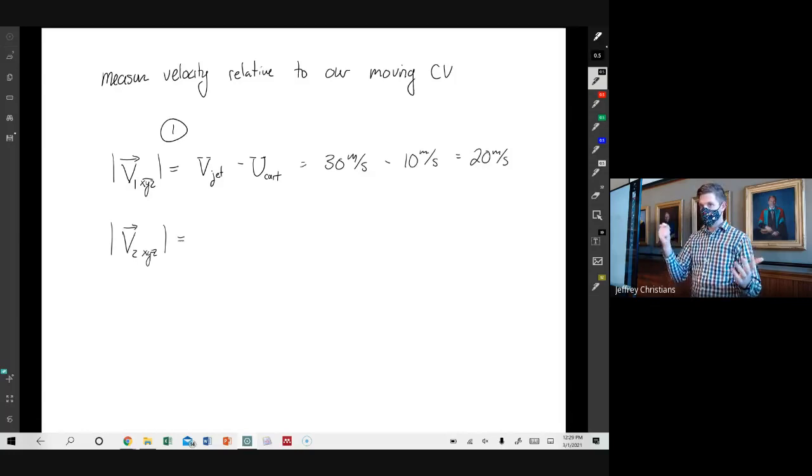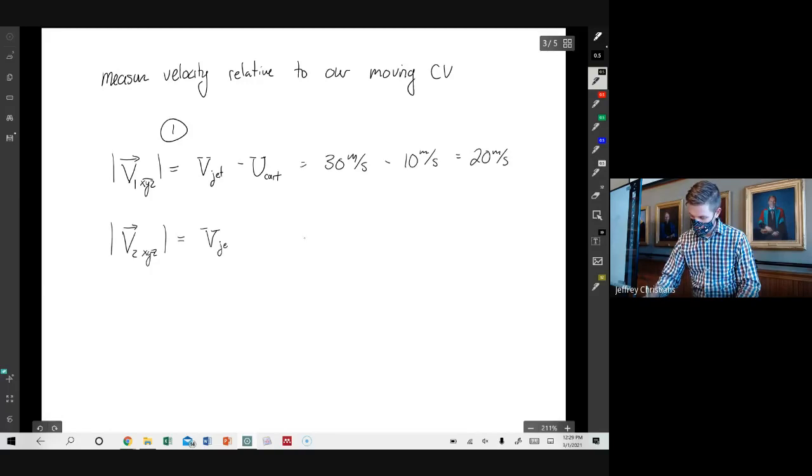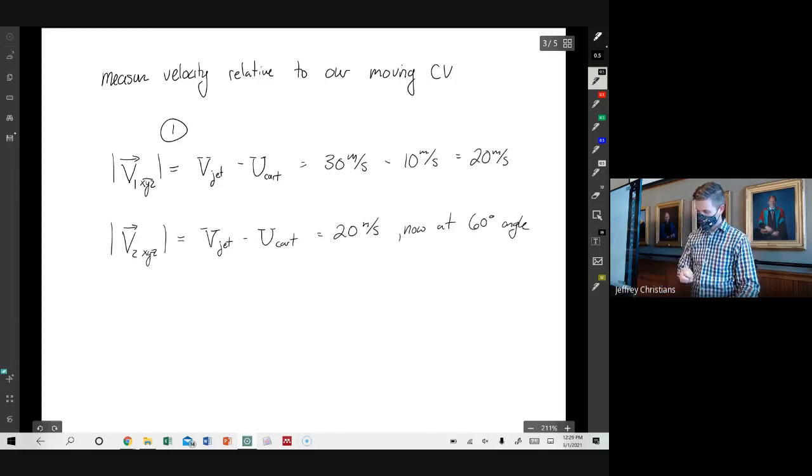It's not slowing down, so it's going to be leaving the cart. The magnitude is still the same, V jet minus U cart, 20 meters per second, but it's now at a 60-degree angle, right? Because it's shooting off the cart at that 60-degree angle.